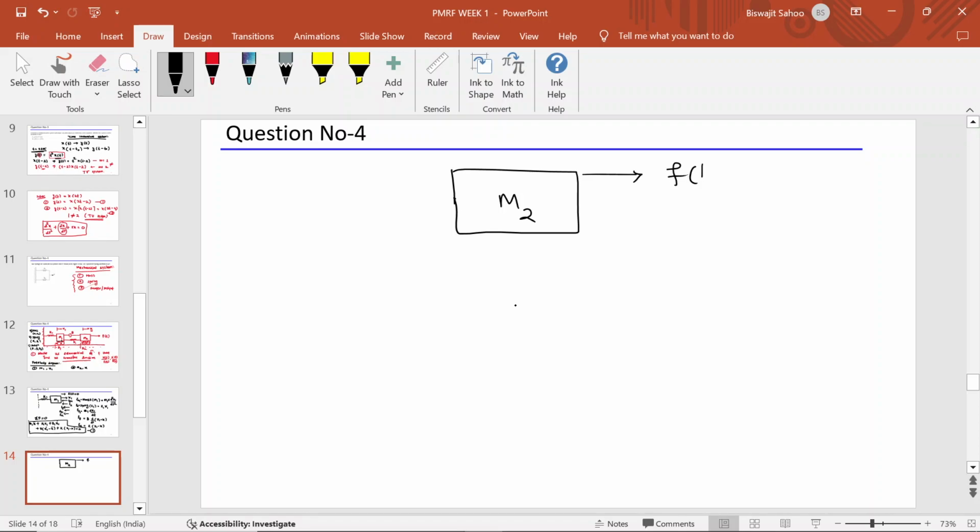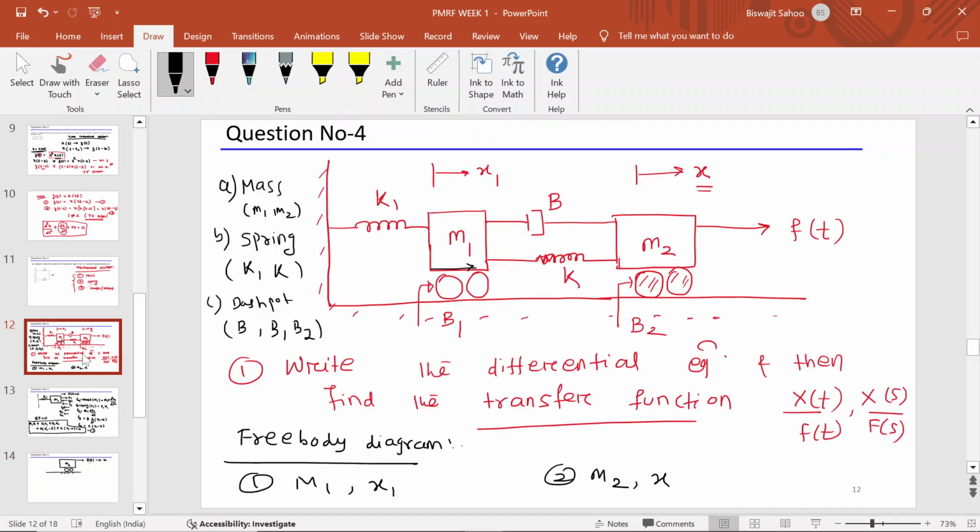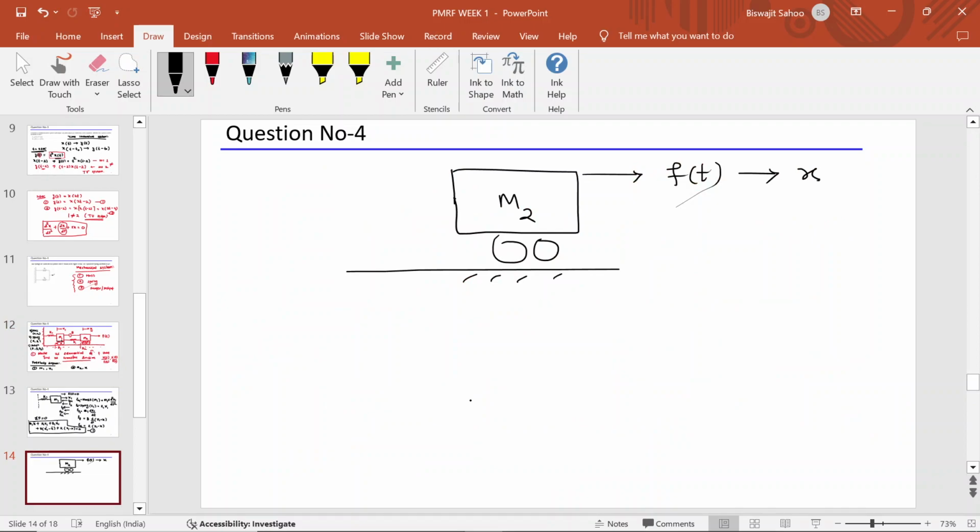Yes, there is an external force, and because of that external force there is a displacement x. Now you know that there is a frictional force also. What is the frictional force? It is B2. And it is attached to one dashpot B, and here is K.